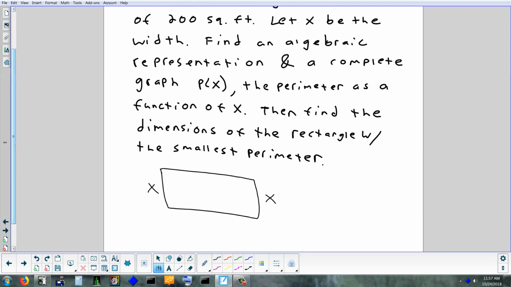What else do I know? Yep. Area. All right, so we should probably involve the area formula somehow. Area is length times width. The area is 200. The length, I don't know. But the width is X. So how would you write the length?